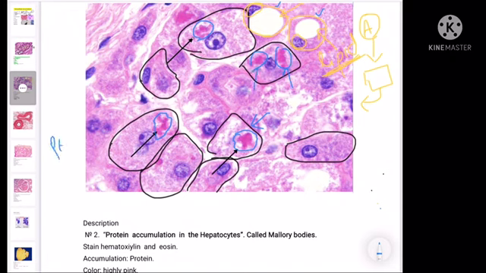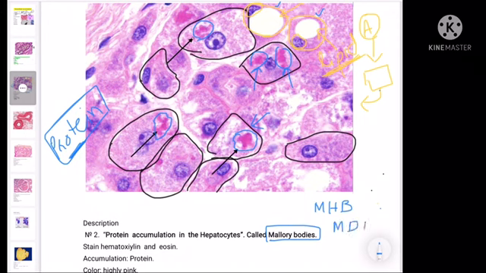They are nothing but proteins. When these proteins start accumulating in the hepatocytes and the patient is alcoholic, then these eosinophilic bodies are called Mallory bodies, or Mallory hyaline bodies, or Mallory dung bodies. Mallory hyaline bodies are nothing but protein accumulation.